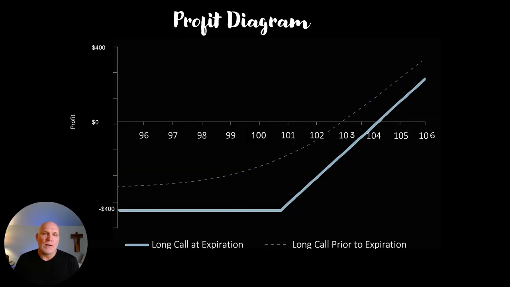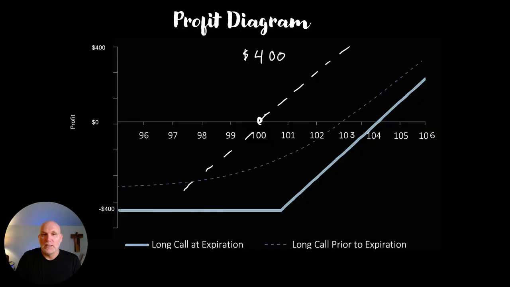Here's your profit diagram. This is what this will look like if you were to buy a $100 call. Let's say that $100 call is selling for $4. Multiply that by 100, it's $400. I can buy the stock outright, and this is what my profit diagram would look like. If I buy it at $100, if it goes up by $1, then I'm going to make the difference.